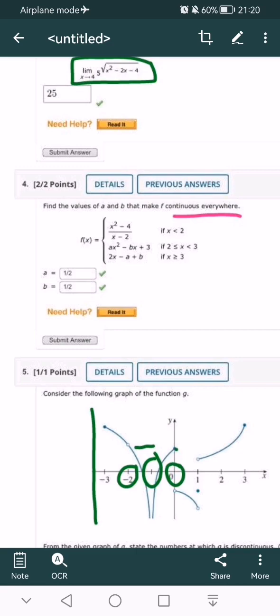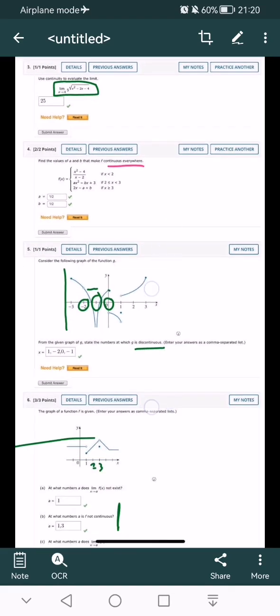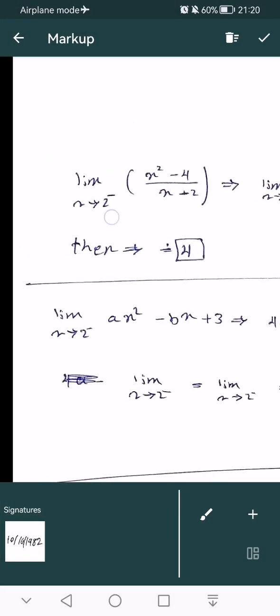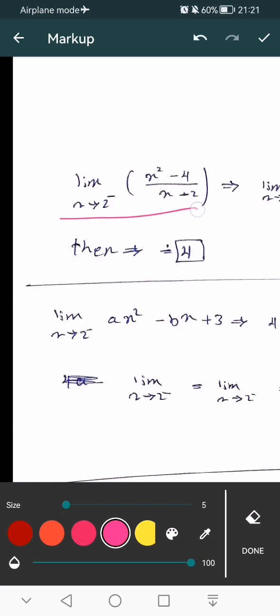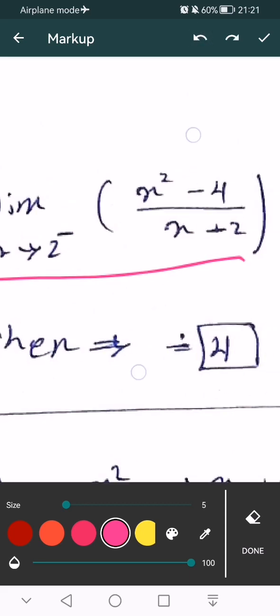So it is the limit as x goes to 2 from the left side, for this first function. So let us do the limit as x goes to 2 from the left side, which is what the negative sign on top means.